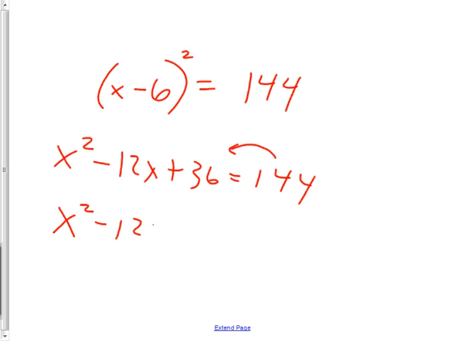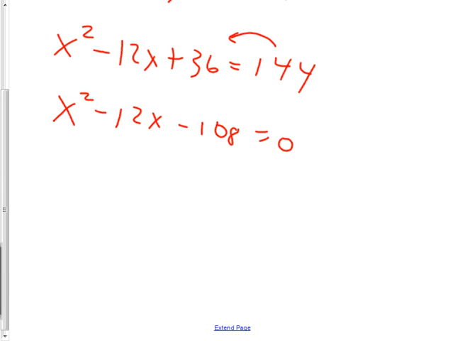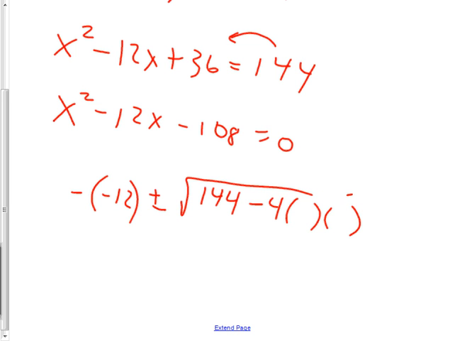How about this? I'm going to subtract this. It will be negative 144 minus 36, 108. Thank you. And then I'd have equals 0. And then if I put that into the quadratic formula, it's negative b plus or minus square root of b squared minus 4 times a times c, and a is 1 and c is negative 108, all over 2a.